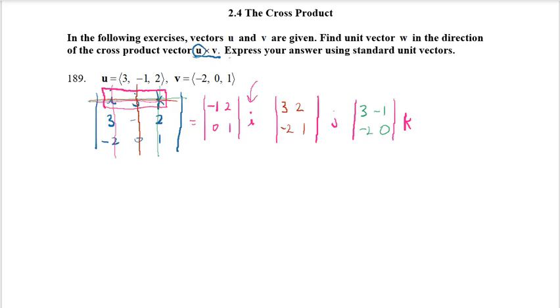Then we evaluate each of those determinants. To evaluate this determinant, we multiply negative 1 times 1. We multiply 2 times 0. And we put a minus in between.